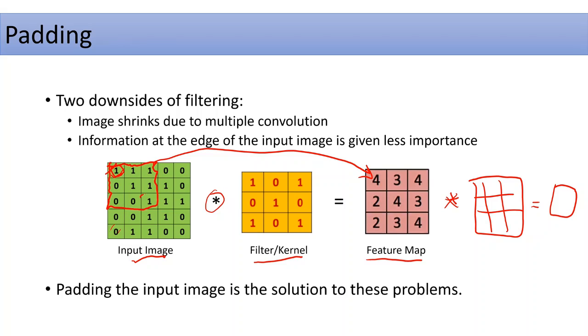Whereas the one in the center is given higher importance because it comes into many squares. These are very important drawbacks. To avoid these drawbacks, we do padding.